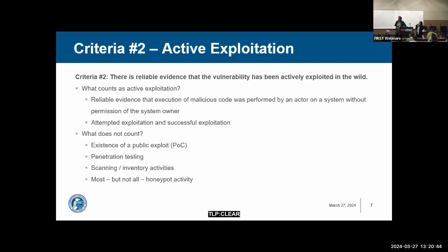So criteria number 2. I want to start by talking about 2 questions or misconceptions that we get a lot: the time frame of exploitation and the exploitation target. When we add stuff to the KEV, most of the time it's because the exploitation is happening at that moment.